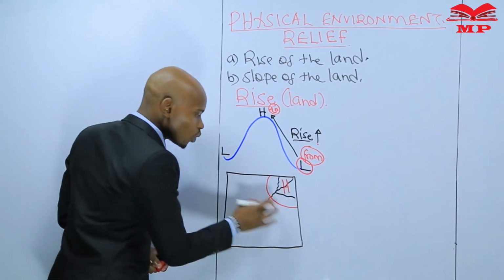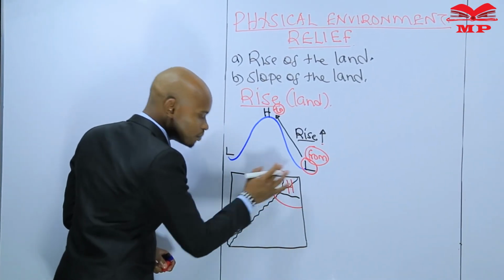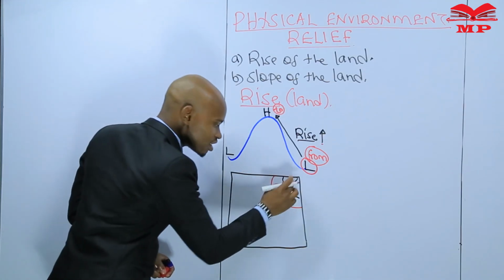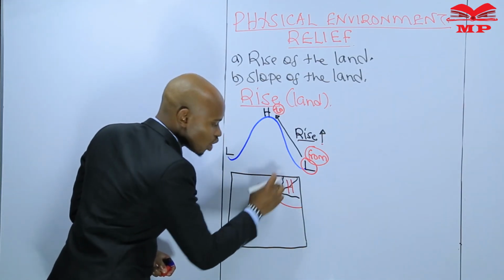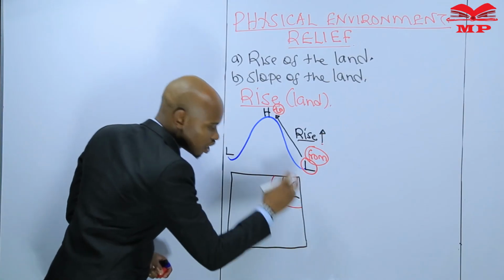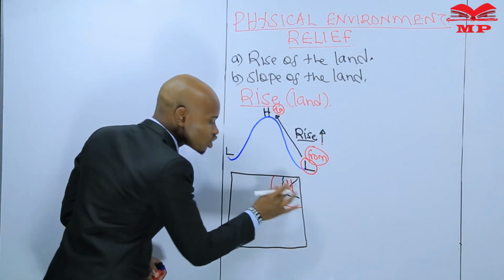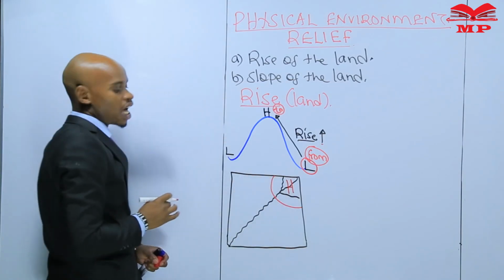Why are we saying this is where it is flowing from? Because this is where we can see the tributaries, and tributaries are found at the source of the river. So this river has its source here, and here is a highland.